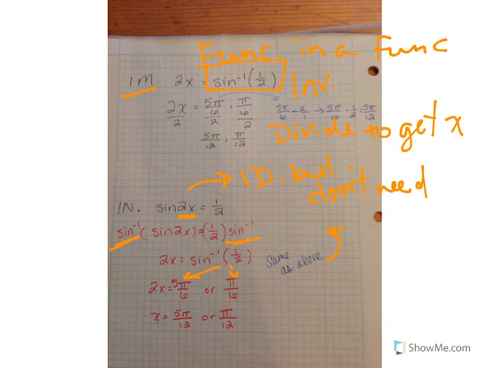Now the solution is the same as above. 2x equals 5 pi over 6 or pi over 6, so I need to divide both of these by 2, which, if I take 5 pi over 6 divided by 2, this is written up here, by the way, 5 pi over 6 divided by 2 is the same as 5 pi over 6 times 1/2, and that's where the 12 comes from. Works the same on the second fraction.